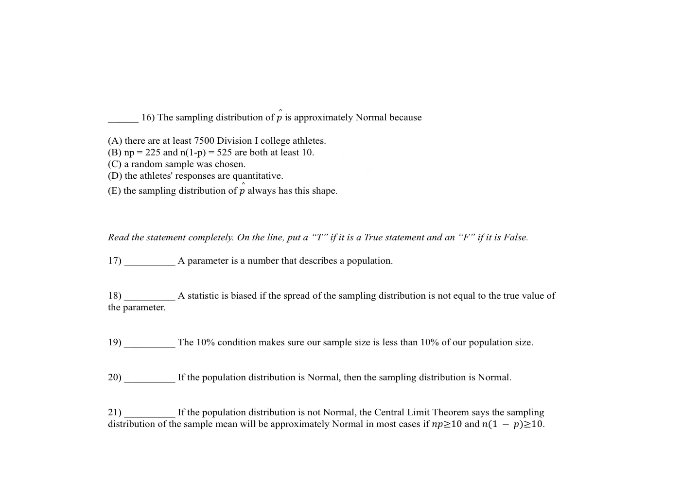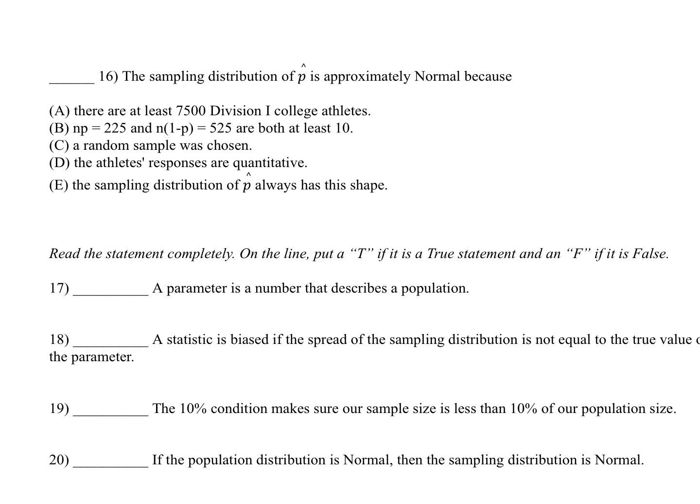Next one asks, the sampling distribution is approximately normal because... So when you have a proportion, remember you have to check that NP is greater than or equal to 10 and N times 1 minus P is greater than or equal to 10. Both of these have to be true. When I plug in N is 750 and P is 0.30, N times P is 225, N times 1 minus P is 525, and they are both at least 10.